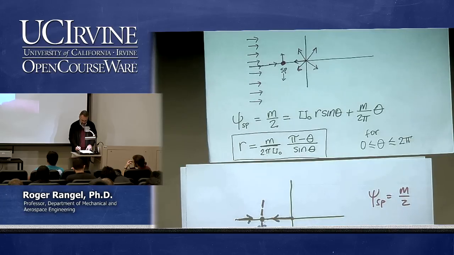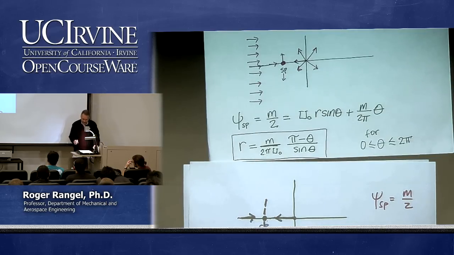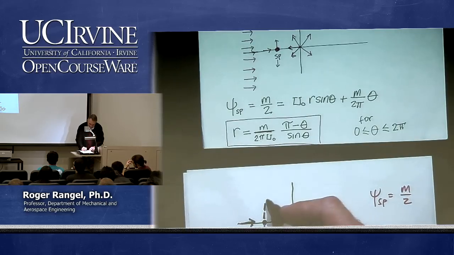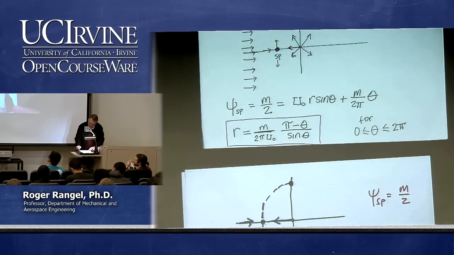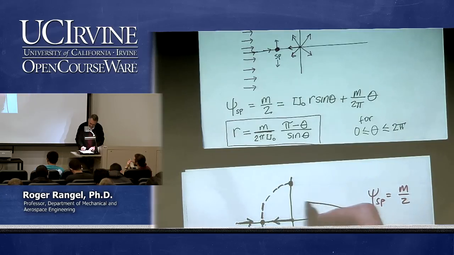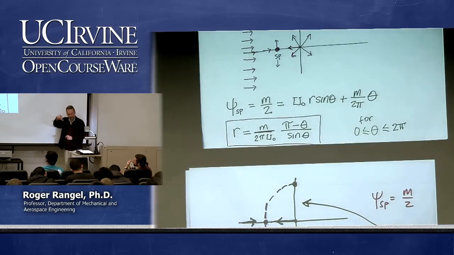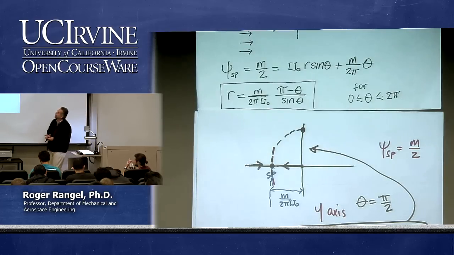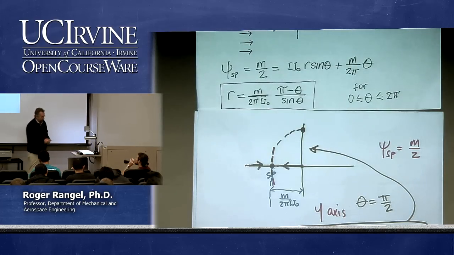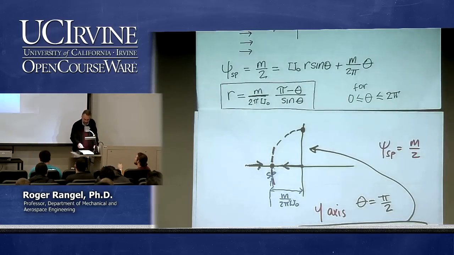So I get r equals m over 4 u naught. That's the place where this line will intersect the y-axis, because that's this distance that I calculated here. So I know that the streamline intersects the y-axis at m over 4 u naught.